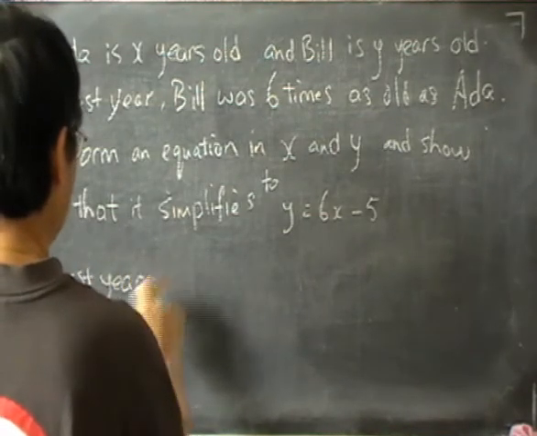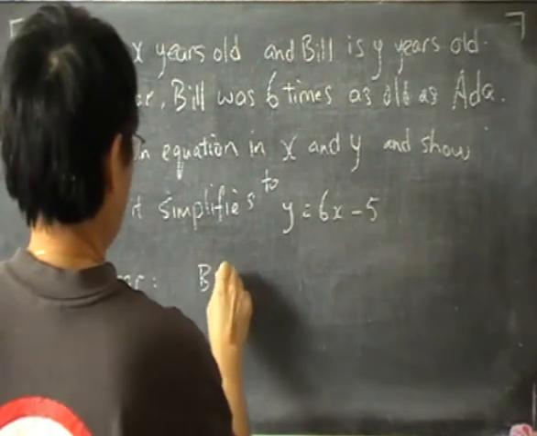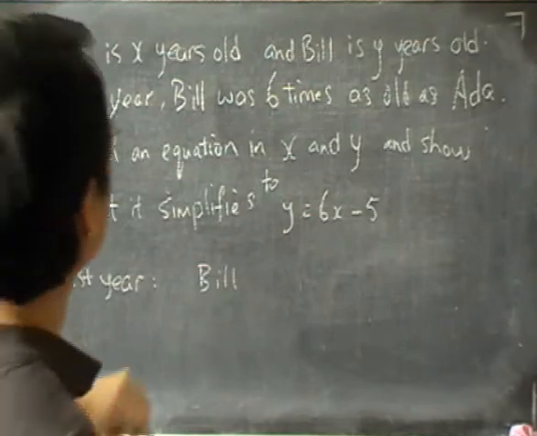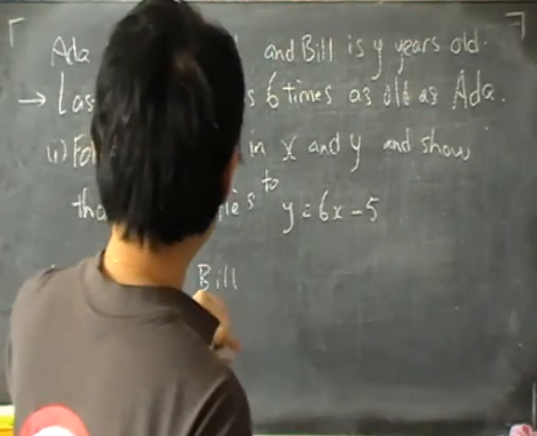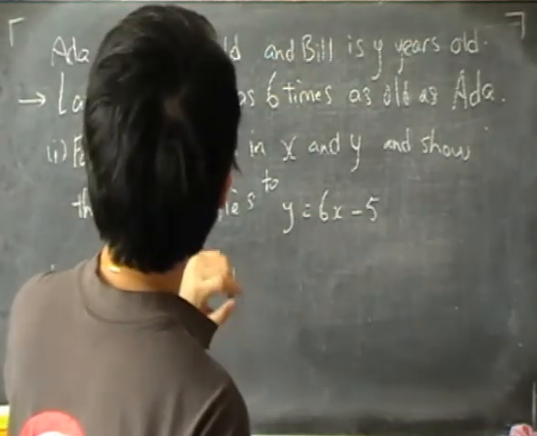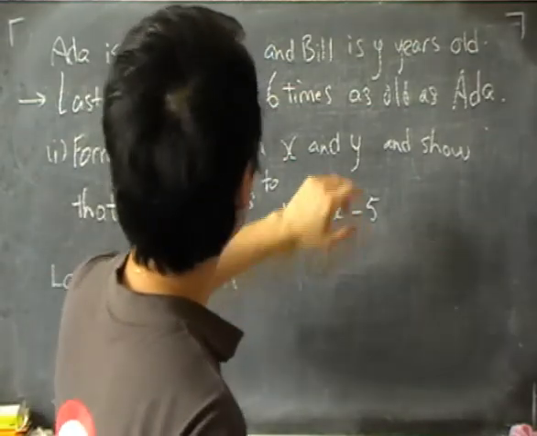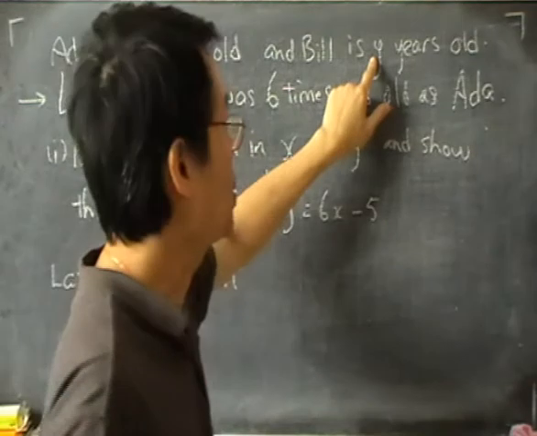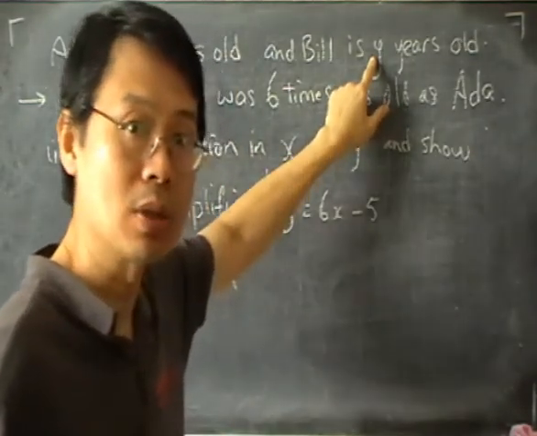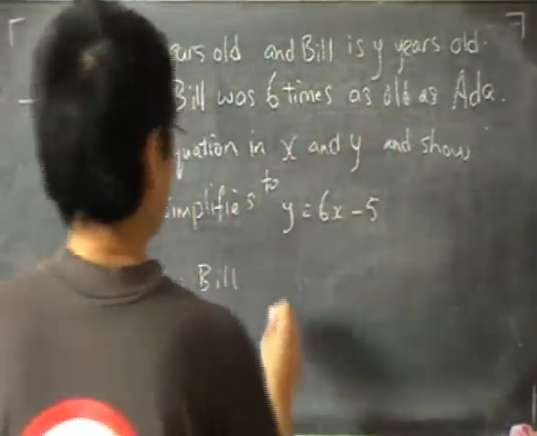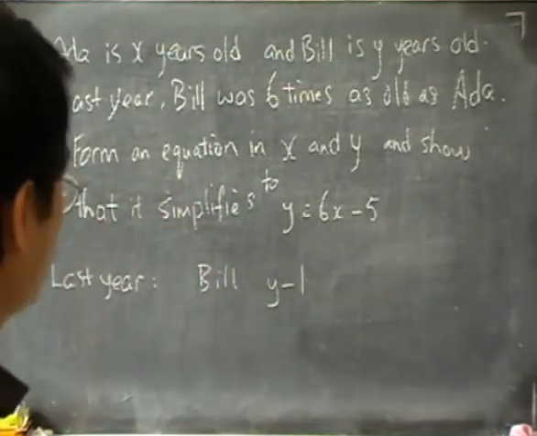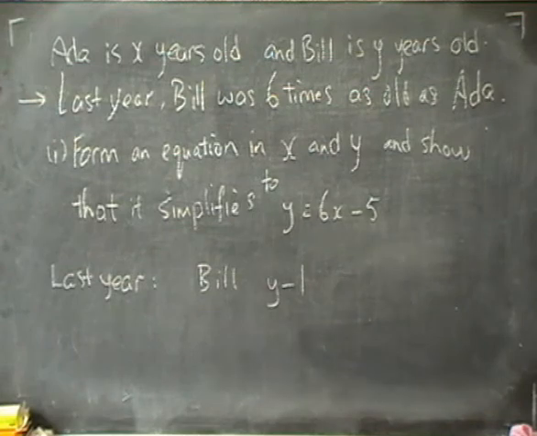Last year, in terms of x and y, Bill right now is y years old. Last year, he must be y minus 1 years old. So that's how old Bill was last year.